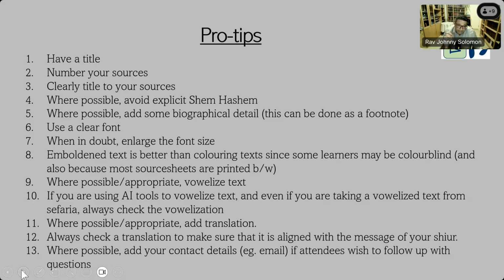Number three, clearly title your sources. Now, you may be choosing to title them in their original Hebrew, if they're Hebrew sources, and in English, if they're English sources. But if, for example, you're referencing a book, it would be good if you say the page number, because perhaps somebody wants to check it up. If you have that book, I'd like to know.